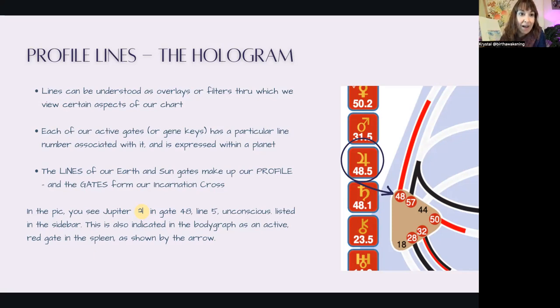Jupiter is traditionally about success and prosperity, maybe business oriented. So they have a 5th line lens on Jupiter. And the gate that is active is an unconscious gate, 48. We can look at gate 48 specifically, but we know in general that it's in the splenic center. The splenic center is all about fear. So we can put all this together to get a very specific reading of what's going on here.